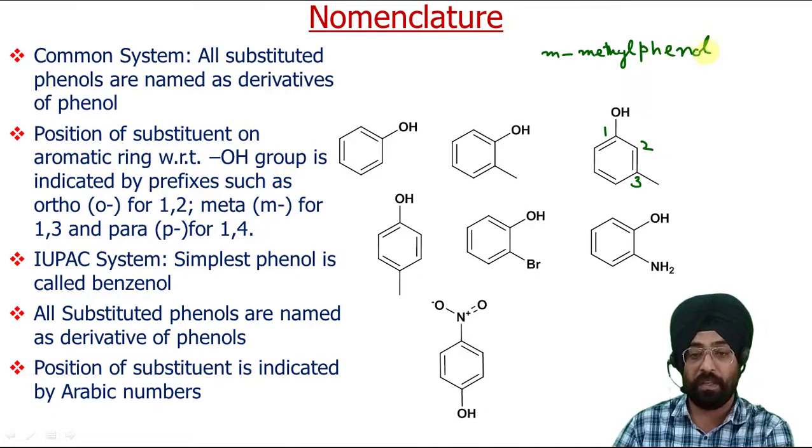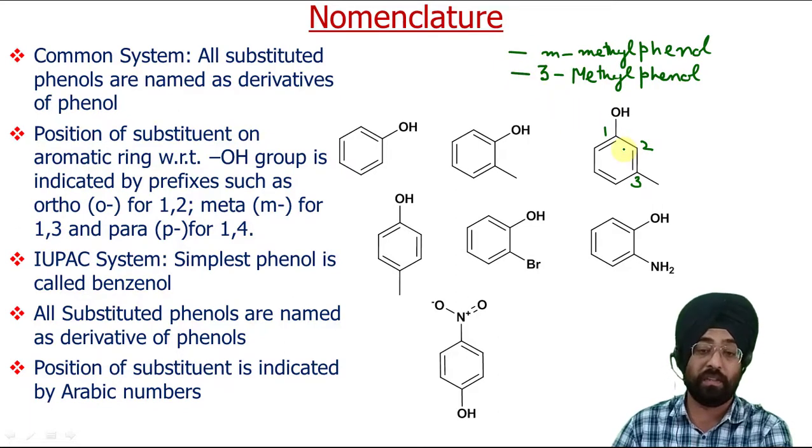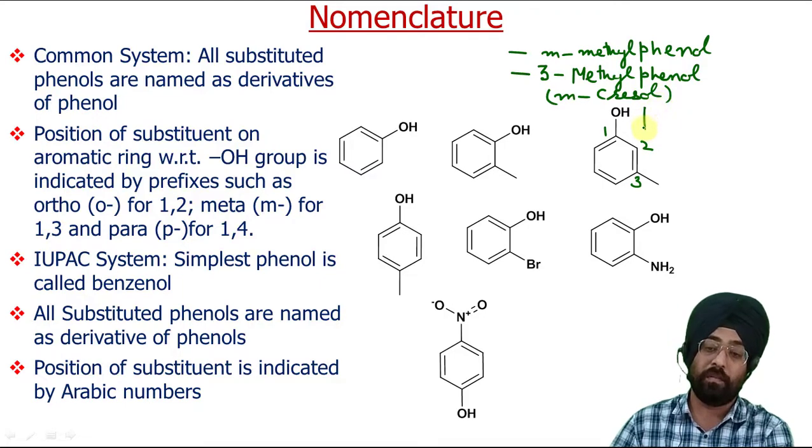In IUPAC name it will be 3 methyl phenol. This is its common name, this is its IUPAC name, and the trivial name is meta cresol. It is also commonly famous as metacresol. So that is name of this compound.